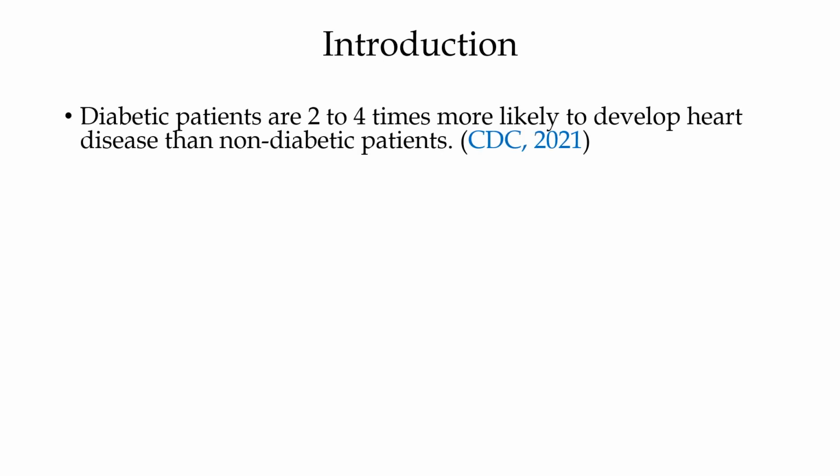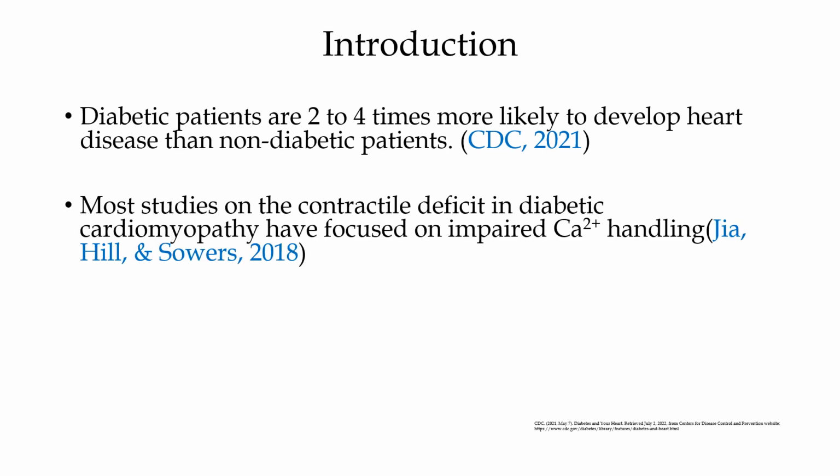Introduction: heart disease is 2 to 4 times more likely to happen to people with diabetes than to non-diabetic people. Diabetic cardiomyopathy is a progressive problem with the heart's diastolic and systolic functions that is caused by a lack of contractile force in the heart muscle. 60% of diabetics have diabetic cardiomyopathy, but no medicine can stop it or change its course much.